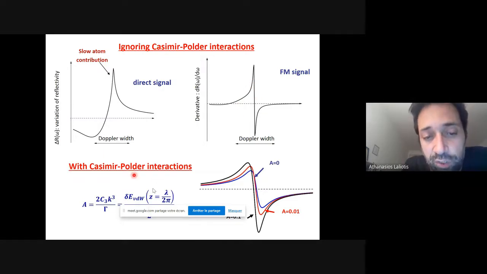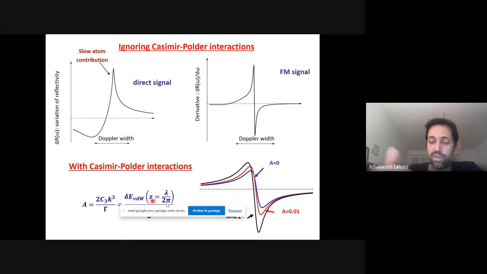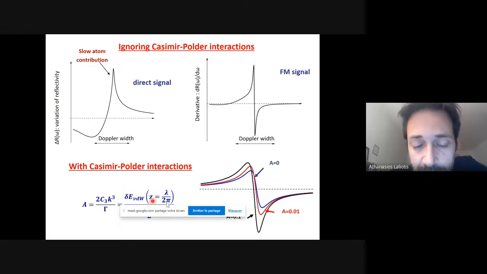When you include Casimir-Polder interactions, you can see that the spectrum changes and starts shifting towards the red, but also takes some asymmetry, and if you increase the interactions, it becomes much more exotic, and it's a good way to measure Casimir-Polder interactions.